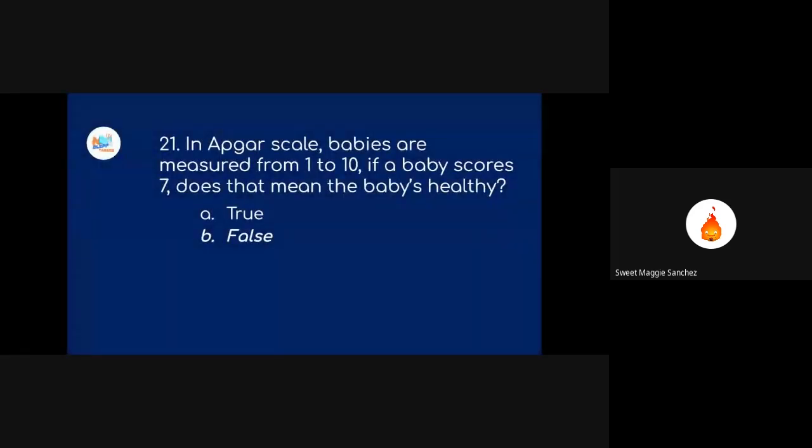Okay. In the Apgar scale, babies are measured from 1 to 10. If a baby scores 7, does it mean the baby's healthy? The answer is false. So how do you measure with the Apgar scale? It has its own chart.